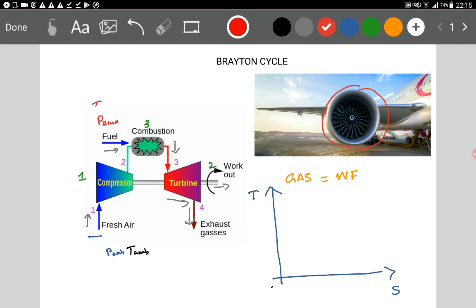Why is it T intermediate? As you know, the temperature is raised during compression. So T intermediate. After combustion, the temperature is T high, which is the highest temperature during this cycle, and the pressure here is also P high.